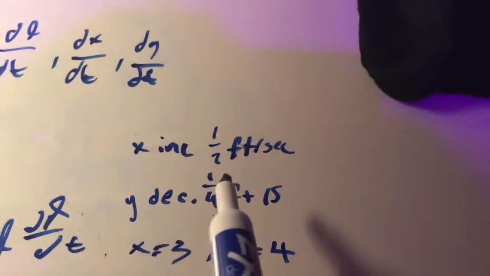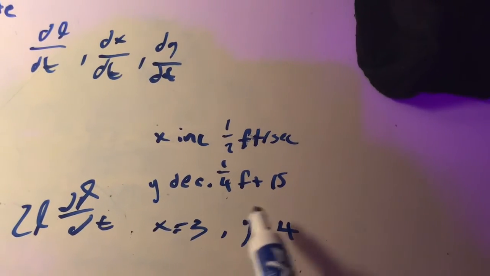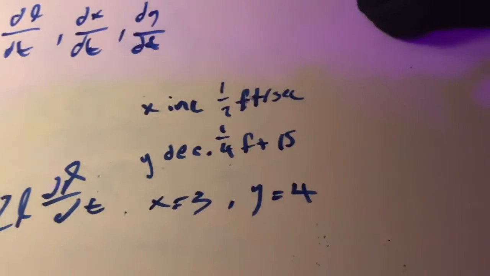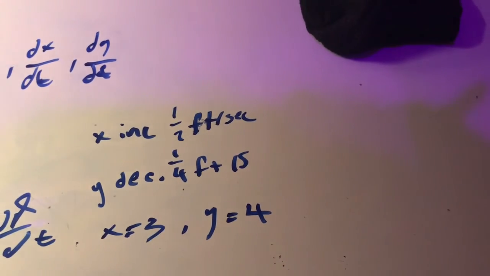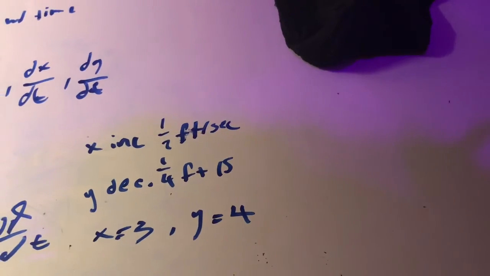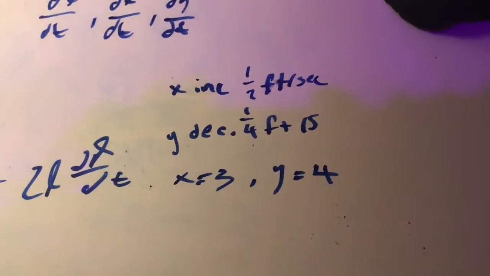So now suppose that x is increasing at 1.5 feet per second, y is decreasing at 1/4 feet per second. X equals 3 and y equals 4. What if we wanted to figure out, well, why don't we figure out how fast the size of the diagonal is changing?